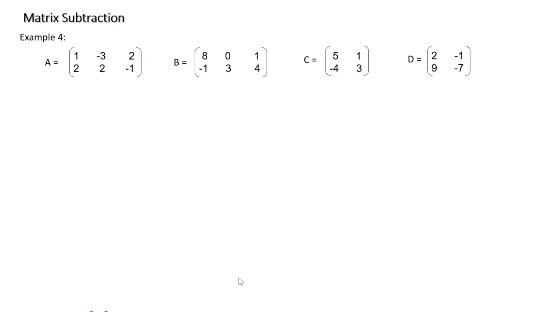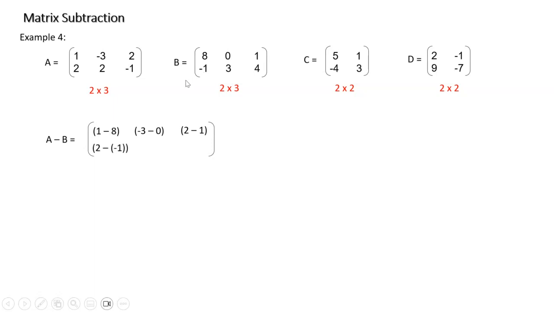Now let's try subtraction. Again, matrix A is a 2 by 3. We're doing the same matrices as the previous slide. This is a 2 by 2 and a 2 by 2. So A minus B, we're doing the same thing, right? But instead of addition, it's going to be subtraction. So it's going to be 1 minus 8, negative 3 minus 0, 2 minus 1, and 2 minus negative 1, 2 minus 3, and negative 1 minus 4.